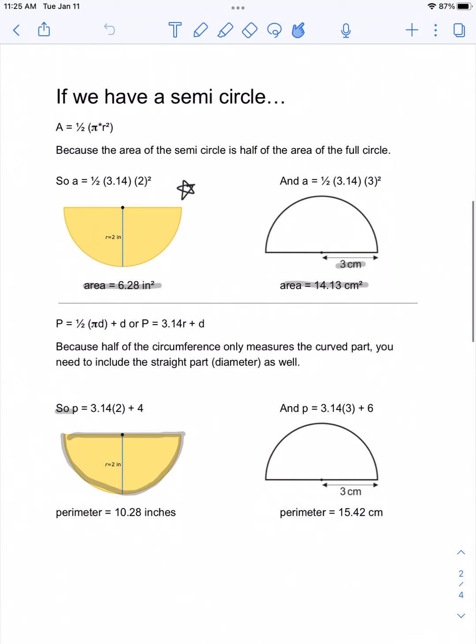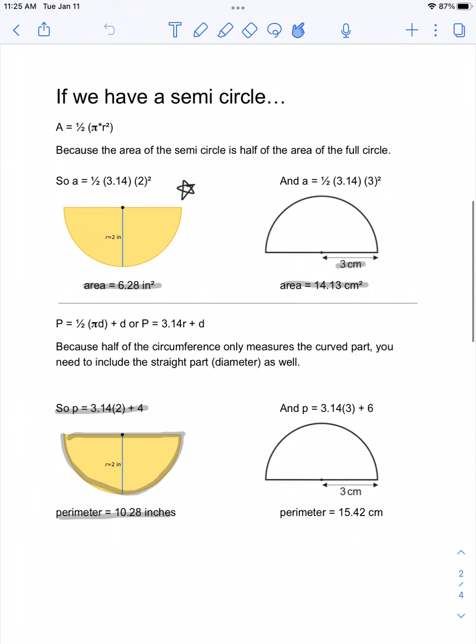You'll see that formula right here. So pi d plus the diameter. All right, so if we find that on this first one, we have 3.14 times half of the diameter is 2, plus the diameter 4 gives us 10.28 inches.